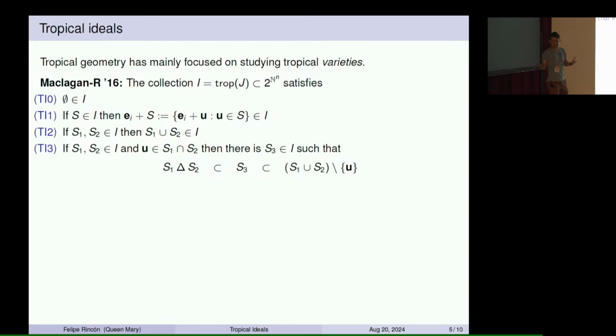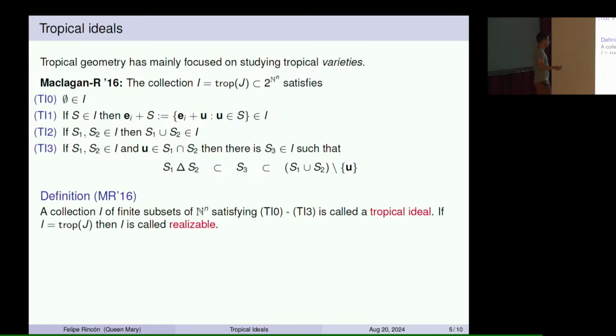So this should feel familiar, like some kind of elimination axiom for matroids, and it is actually. So first of all, the proposal is that these are clearly properties that these objects coming from tropical geometry satisfy, these purely combinatorial properties. How about we forget about this coming from an ideal with coefficients in a field and just call any collection of finite subsets of N^n satisfying these four axioms a tropical ideal, some kind of interesting tropical combinatorial object that we carry in tropical geometry.